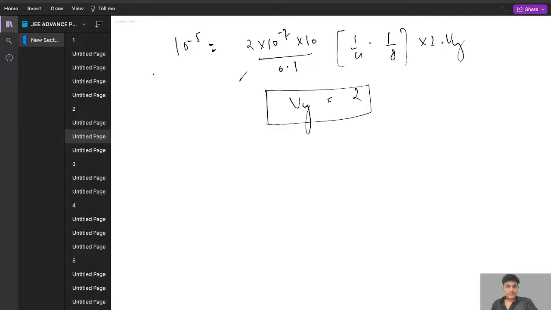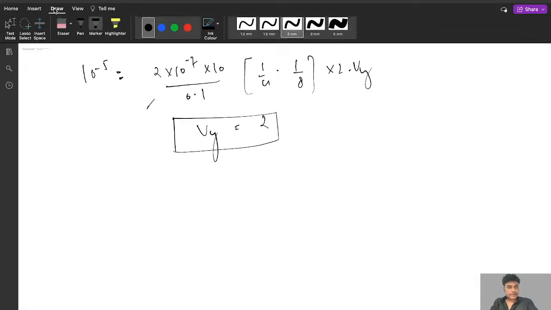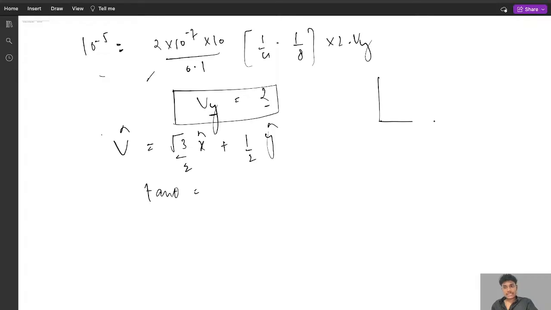So from here we get the direction of velocity, that is our v cap is equal to root 3 by 2 times in the x cap plus 1 by 2 times in the y cap. And tan theta is velocity in the y direction upon velocity in the x direction.